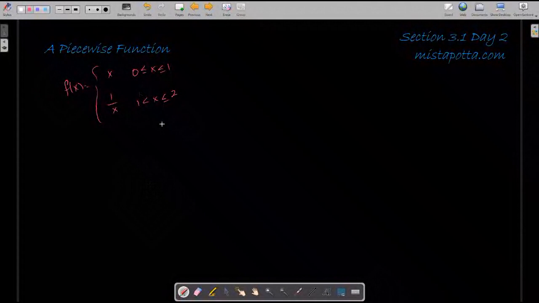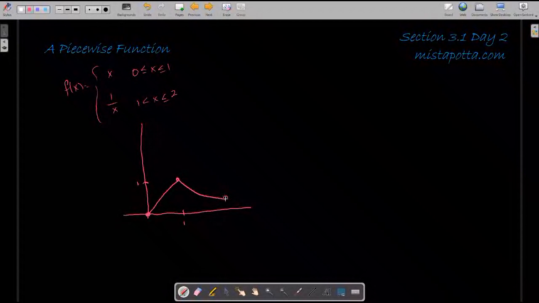So looking at this graph, starting at the origin, I expect to have a linear relationship going up to 1, 1. But at this point, I'm expecting to get an asymptotic graph up to 2, 1 half.